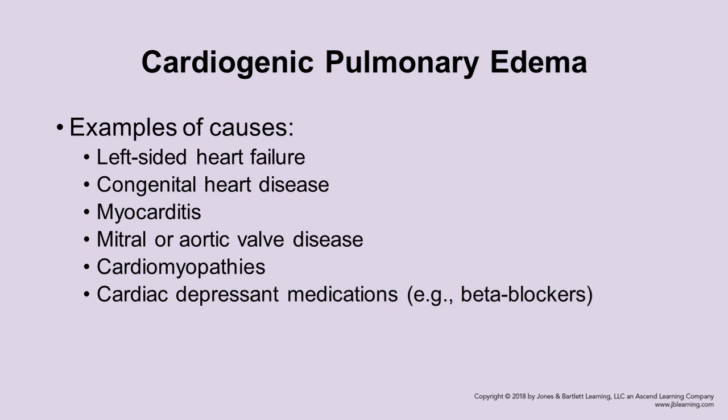If a patient has any type of left-sided heart disease, including congenital heart disease or heart disease that they are born with, if they have myocarditis or inflammation of the heart muscle, if they have any heart valve disease on the left side, including mitral aortic valve disease, this can happen. If they have any inborn cardiomyopathies or abnormalities of development of heart muscle, and if they're on any medications that depress cardiac function, this can cause pulmonary edema as well.